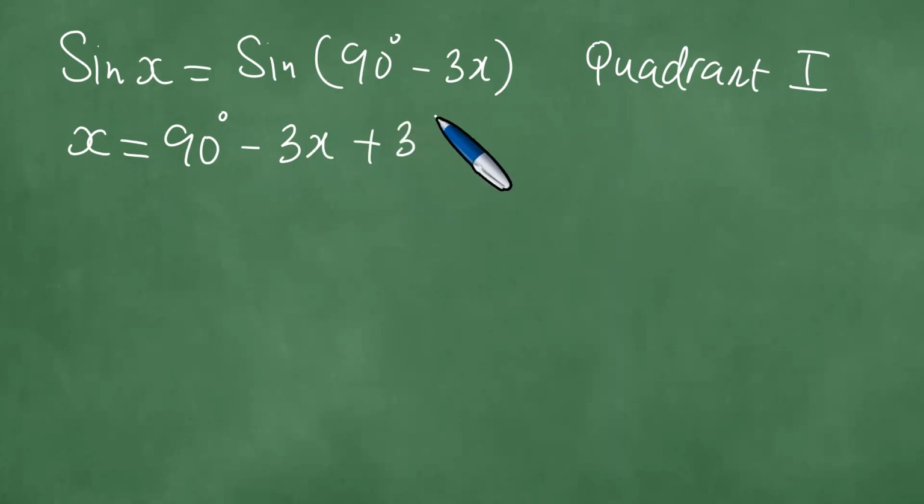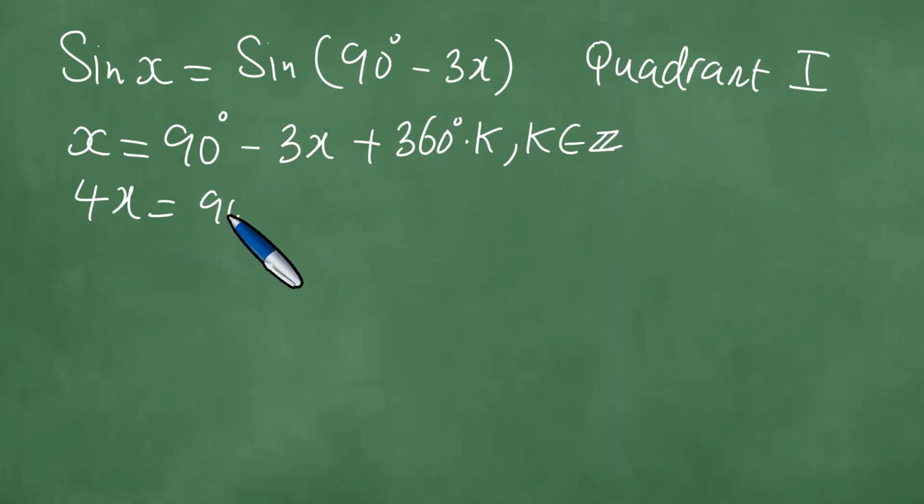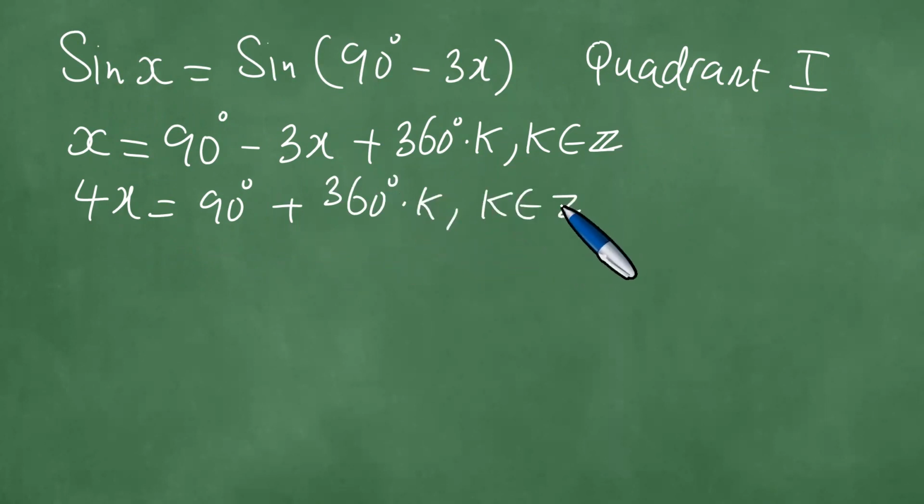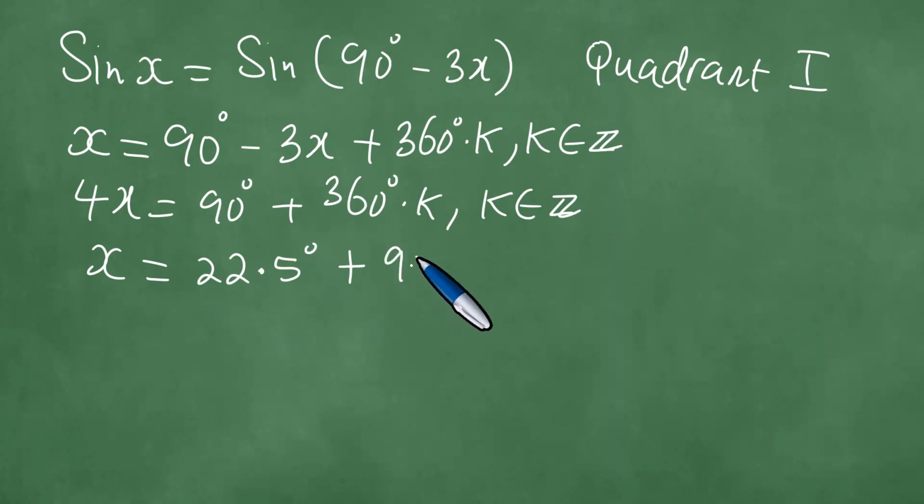We add to this 360 degrees by k, k in Z, which means we have 4x equals 90 degrees plus 360 degrees by k, k in Z. Dividing both left and right by 4 gives us x equals 22.5 degrees plus 90 degrees by k, where k is an element of the set of integers.